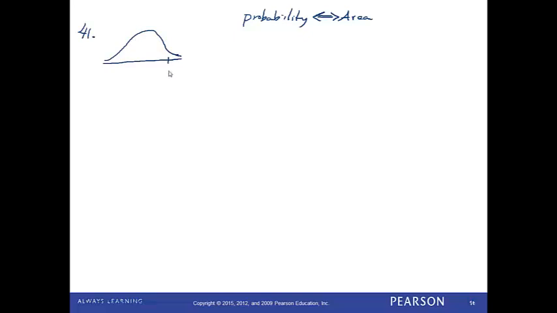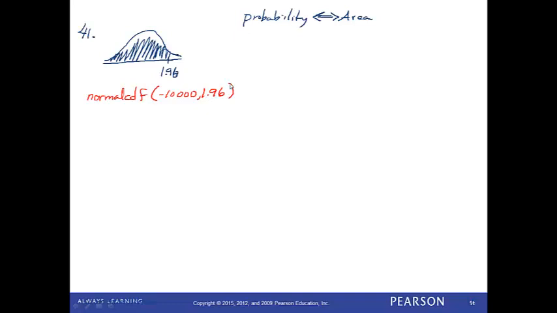On my bell curve, I have the 1.96, and it's shaded all the way to the left. So finding the probability is the same as finding the area. So we're going to go ahead and go to our normal CDF. We want the lower limit, which is the negative 10,000, because it goes all the way to the left, and the upper is the 1.96.